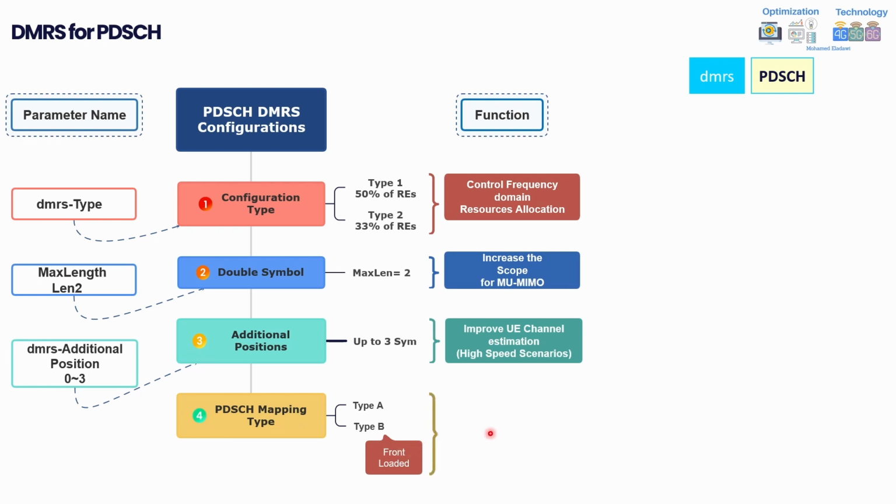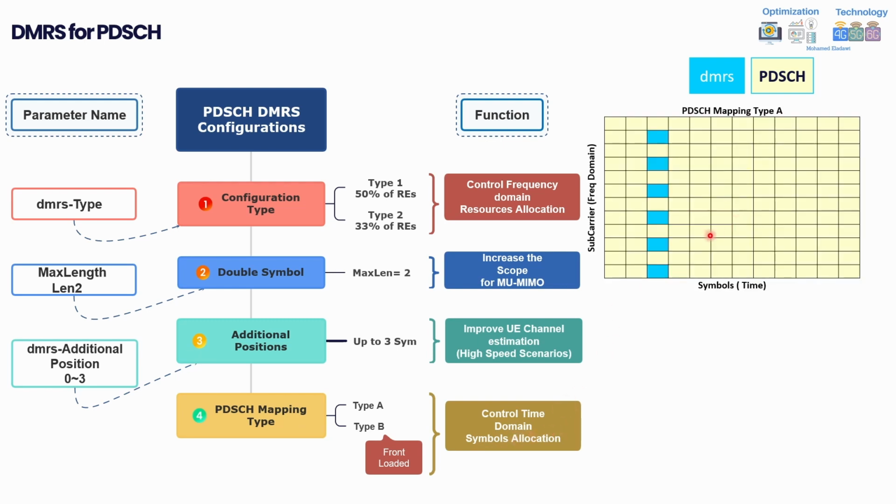If it's still not clear, let's try to clear it up. This controls the time domain resource allocation, as mentioned here. As you can see in the figure, I'm assuming this is PDSCH mapping type A. In this particular example, I have shown that the 14 symbols within the slot are all used by the PDSCH, but the DMRS starts at symbol 2. So what is the difference?